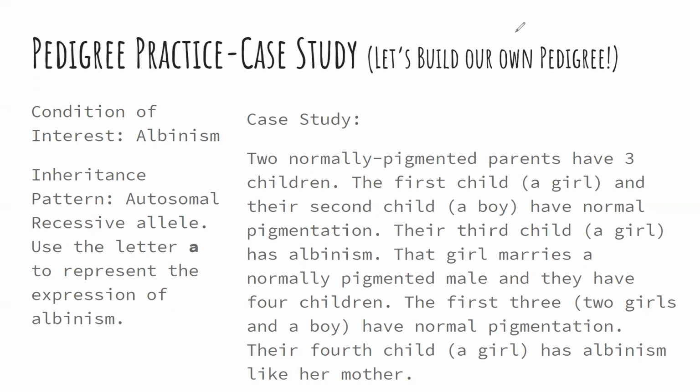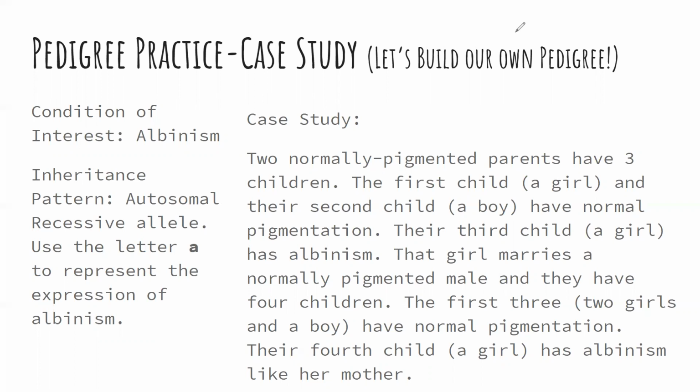It equally affects males and females. And it is caused by a recessive allele, so it can skip generations. It's caused by a lowercase letter. So we'll use the letter A to represent the expression of albinism, lowercase a.